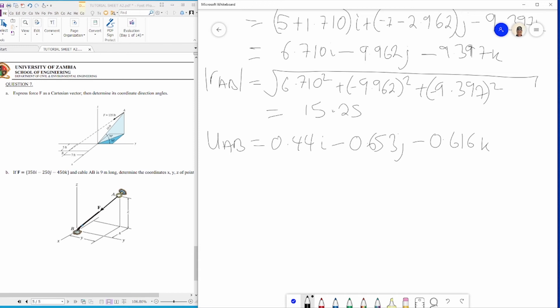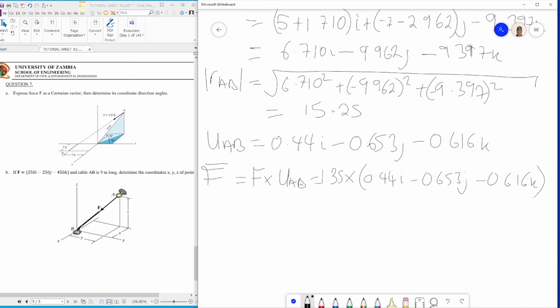That's what I'm having. Then I express my F in Cartesian vector form. It will be equal to F times UAB, which is equal to 135 multiplied by 0.44i minus 0.653j minus 0.616k.